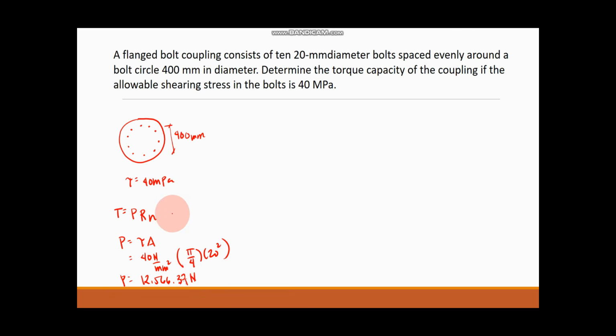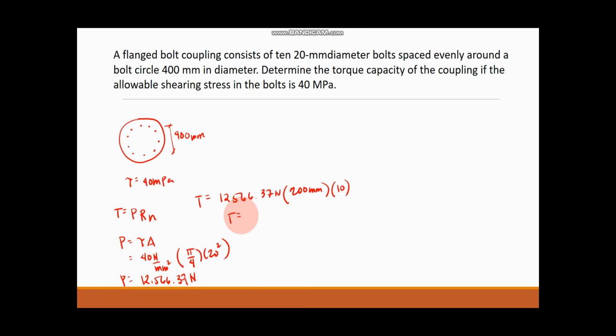So substituting the given values to the equation. So T is equal to 12,566.37 Newton, and then the radius of the bolt circle is 200 millimeter, and then the number of bolts is 10 pieces.